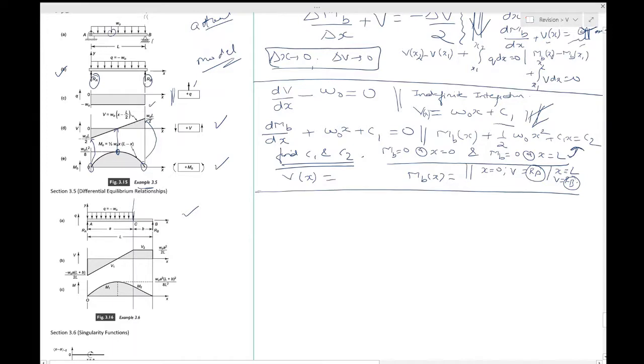And from x equal to a to the final length L, there is no force at all, either distributed or concentrated. This is the problem which we want to consider.